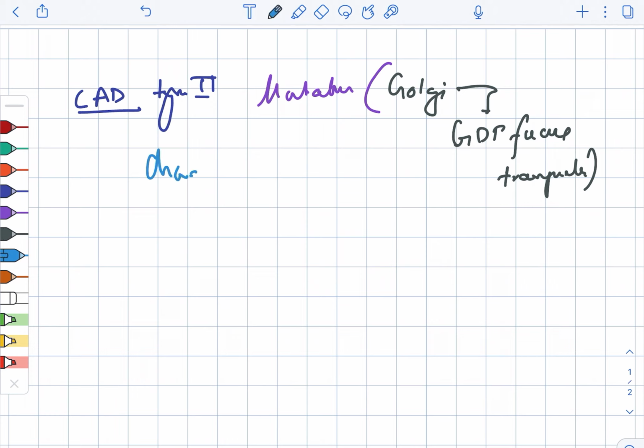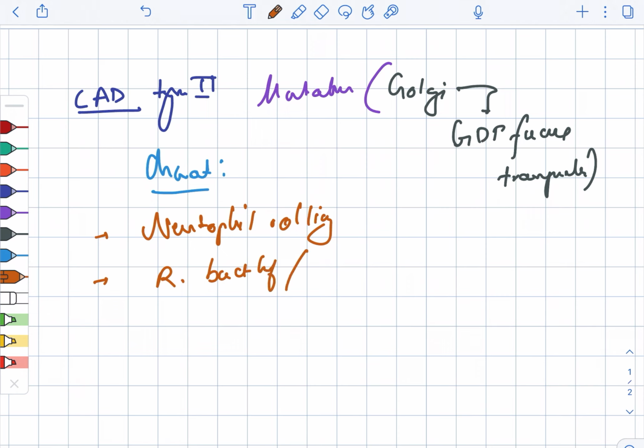The characteristics involve impaired neutrophil rolling, life-threatening recurrent bacterial infections, as well as psychomotor and mental retardation.